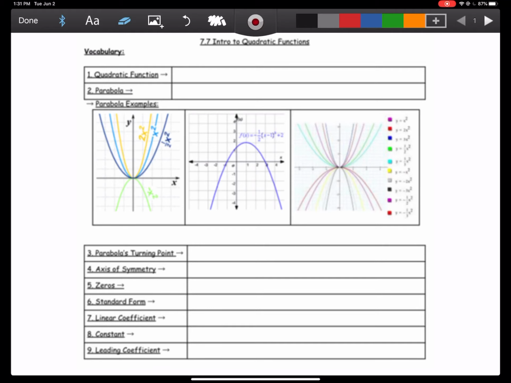So any function that can be placed in the form of y equals ax squared plus bx plus c is a quadratic. So let's write that.